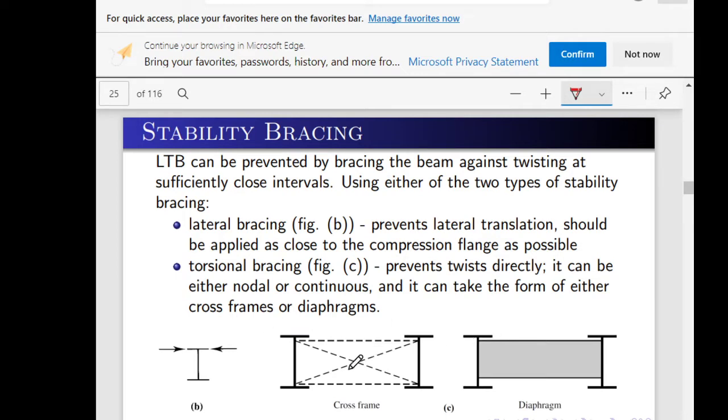It can be cross frames or diaphragms. I think this one is steel also. Then there is a steel plate connected with bolts, or you can weld this portion to brace the beam.